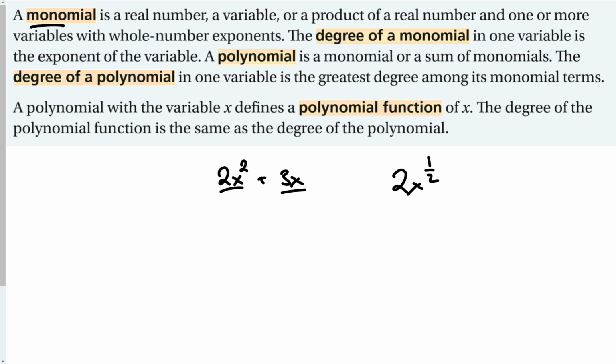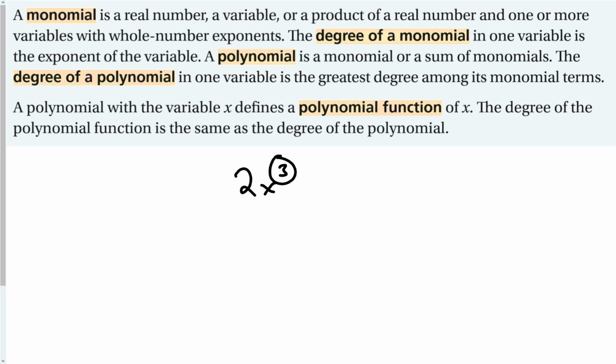Okay? So the degree of a monomial in one variable is the exponent of the variable. So back to the first example, or something close. The degree of this monomial is 3. Okay? The exponent of the variable.